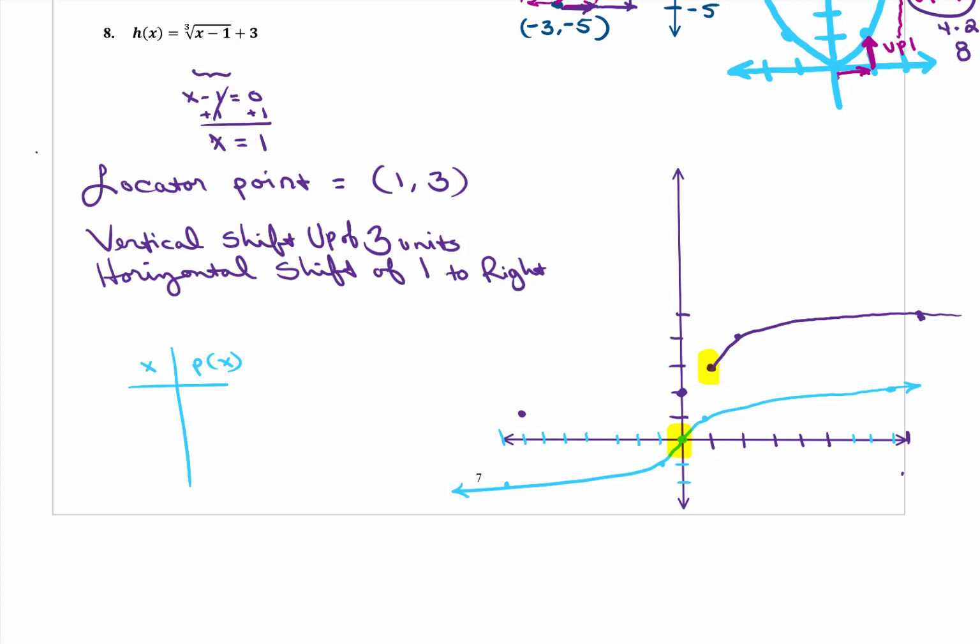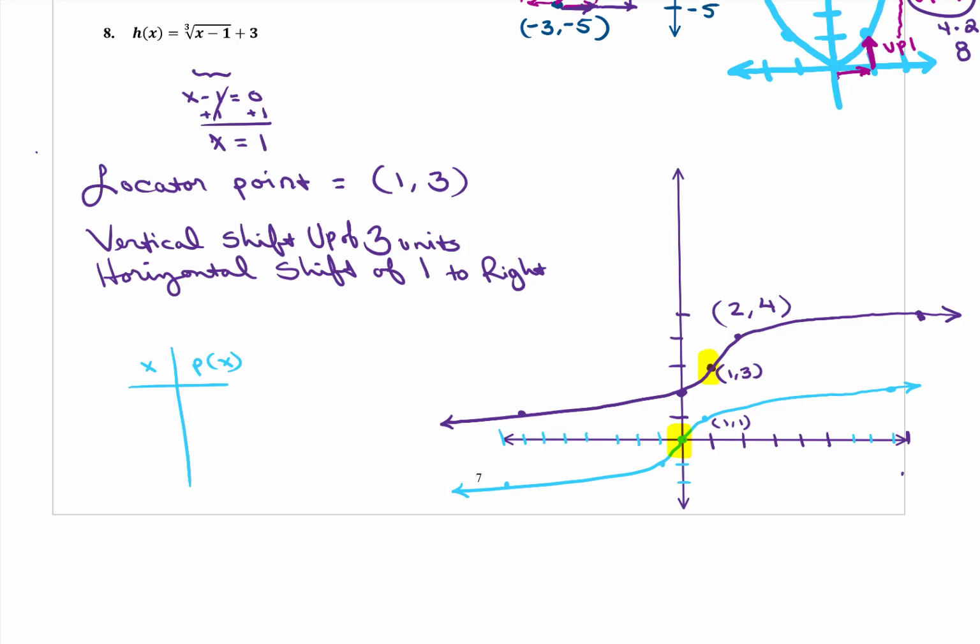I don't know why I didn't write those in the table of values up there, but the x values for the parent one were -8, -1, 0, 1, and 8. And then when you take the cube root of those, you get the y values of -2, -1, 0, 1, and then 2. And then we basically take all of those points and shift them all up 3 units, and then to the right 1 unit. And we come up with our values right here.